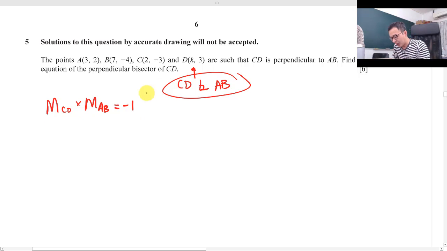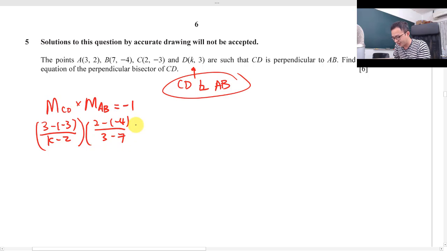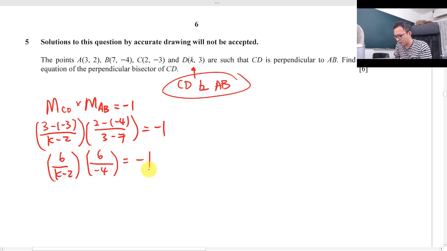In order to get the gradient of CD, I will use the gradient formula: 3 minus -3 over k minus 2. Then multiply by the gradient of AB: 2 minus -4 over 3 minus 7, equals -1. By solving this I should get k quite easily. 6 over k minus 2 multiplied by 6 over -4 equals -1.